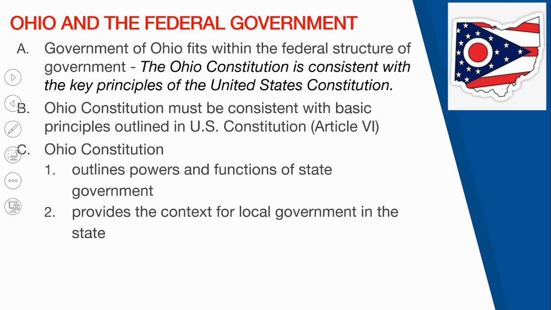The government of Ohio fits in the federal structure, so we are a republic. Our Constitution follows the federal Constitution, so the supreme law of the land is the federal U.S. Constitution. Our Constitution has to abide by those major rules, and that goes back to the 14th Amendment. All of our laws also have to be legal for the federal level as well.